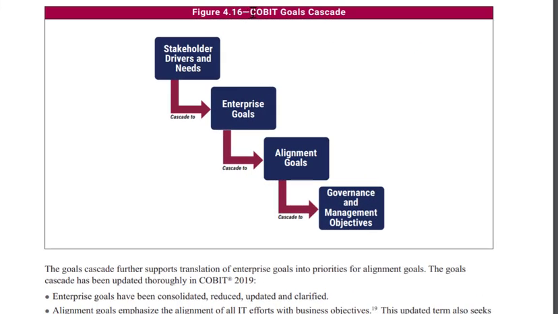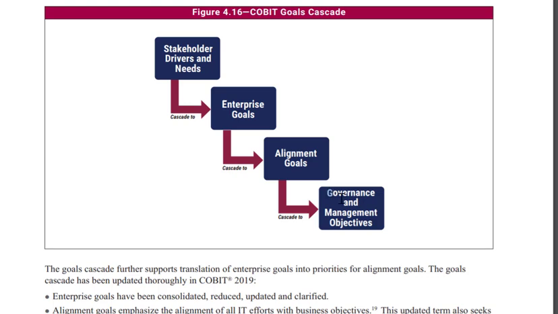COBIT also has an image called Goals Cascade, which is important for you to understand when you're working on your group project. There are going to be stakeholder drivers and needs that are going to cascade into enterprise goals, which are going to cascade into alignment goals to ensure that the enterprise goals and the stakeholder drivers and needs are being met.